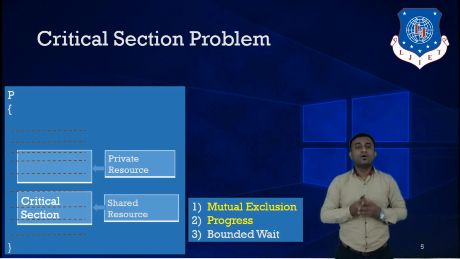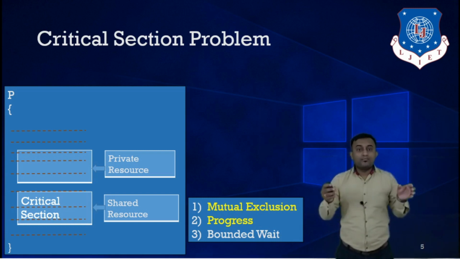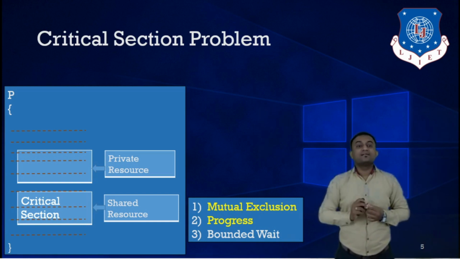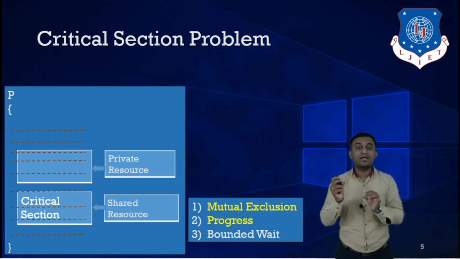As I told you already, mutual exclusion means that even though two or more processes are competing to access the same resource at the same time, still at a particular moment only one process can access this shared resource, or we can say only one process must enter into the critical section at a time.